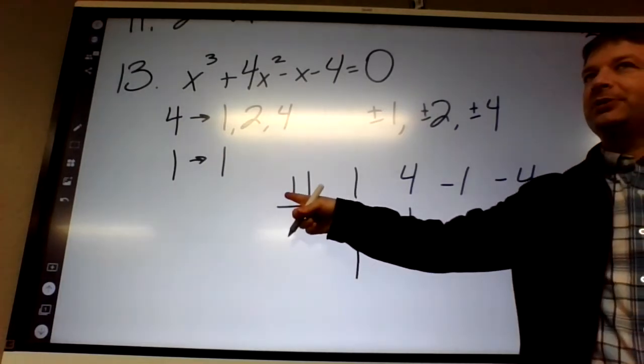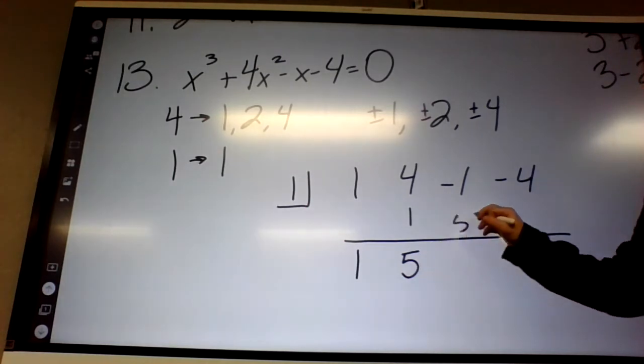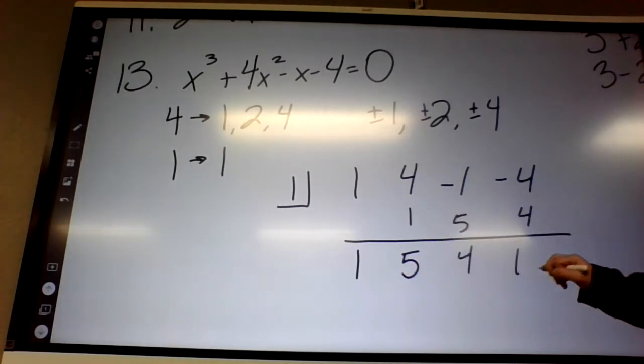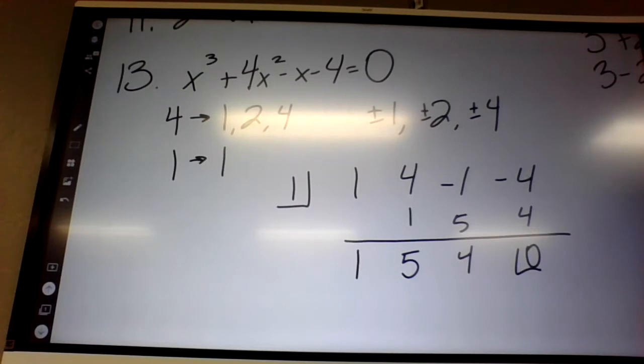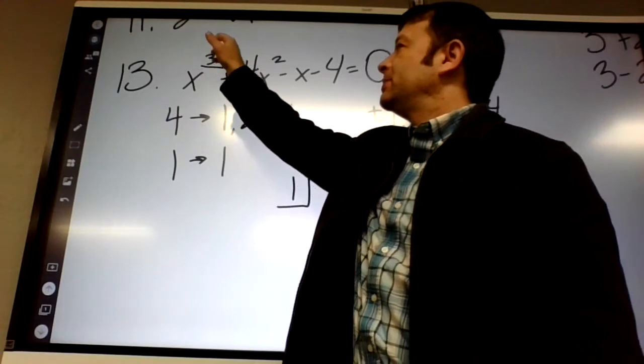Multiplying by 1 doesn't really do anything, but add down, multiply. Okay, so that reaffirms that 1 is an answer, because I got it to come out to 0. How many answers am I supposed to get on this normally? 3. So I'm missing 2.